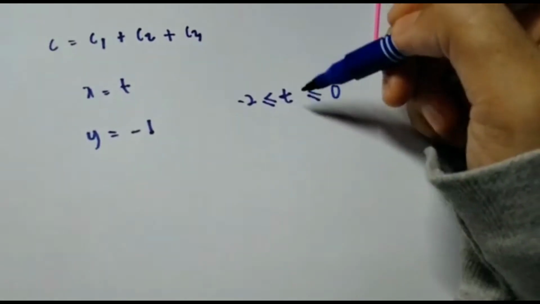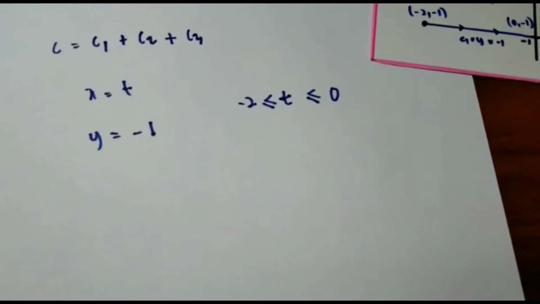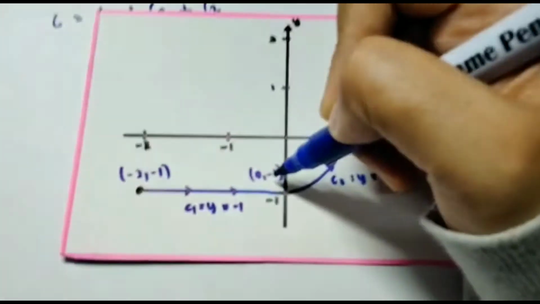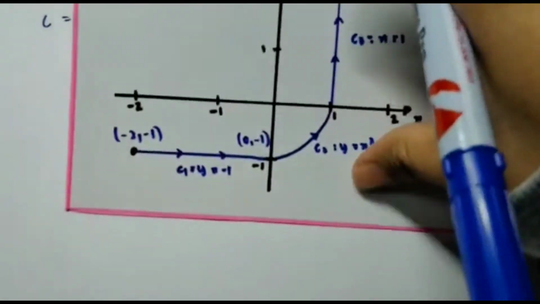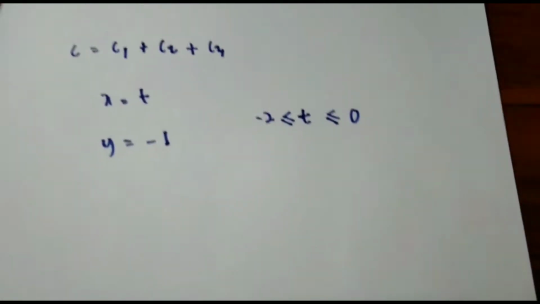At t equals 0, this is point 0, -1, our terminal point. That works out well.